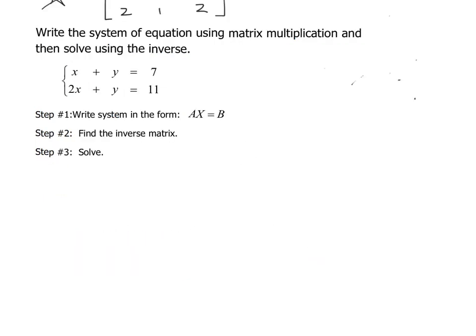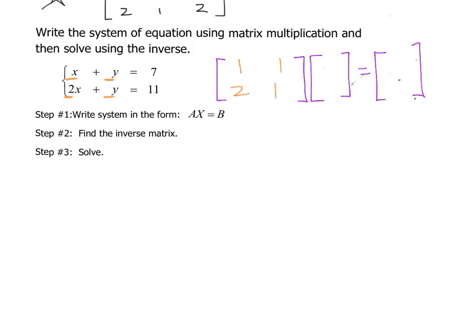Let's look at a problem that we rewrote using matrix multiplication in a previous video. So remember, if I have a system of equations with two variables and two equations, I can break that up into a coefficient matrix times my variable matrix equals my right-hand side. My coefficient matrix is going to be the coefficients of x and y, so that's 1, 1, 2, 1.